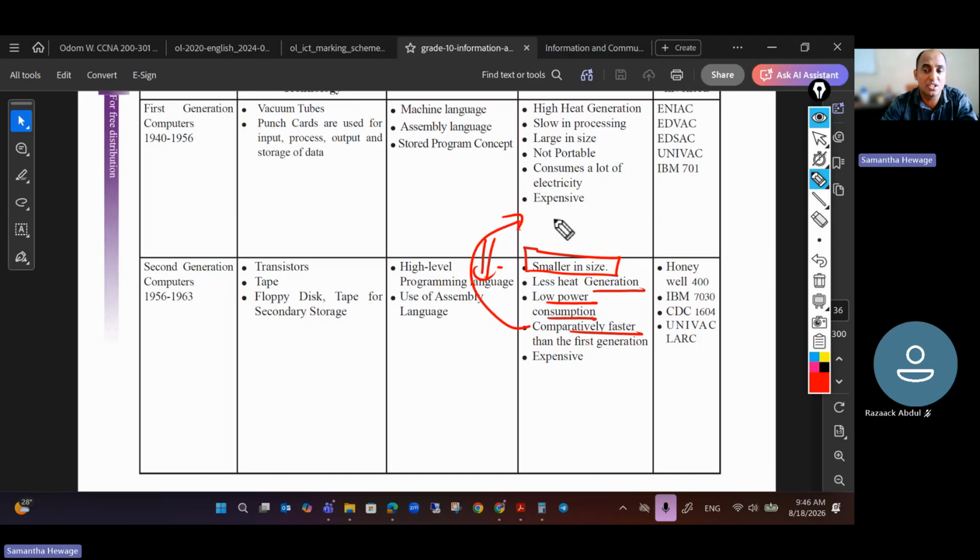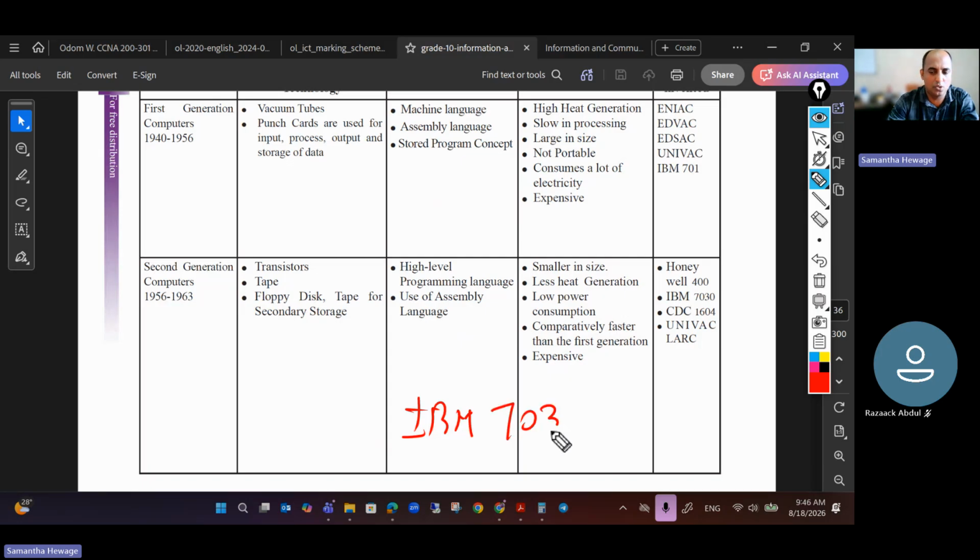Compared with first generation computers, second generation is faster. And expensive. Okay. So these are the second generation computers. The most famous computers in the second generation are IBM 7030 and UNIVAC, also very famous.